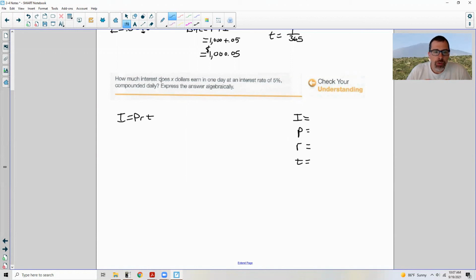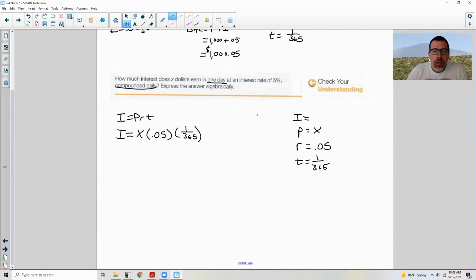How much interest does X dollars earn? That's our principal. In 1 day, that's 1 over 365 years at an interest rate of 0.05, compounded daily. So I is going to equal P times rate times time.